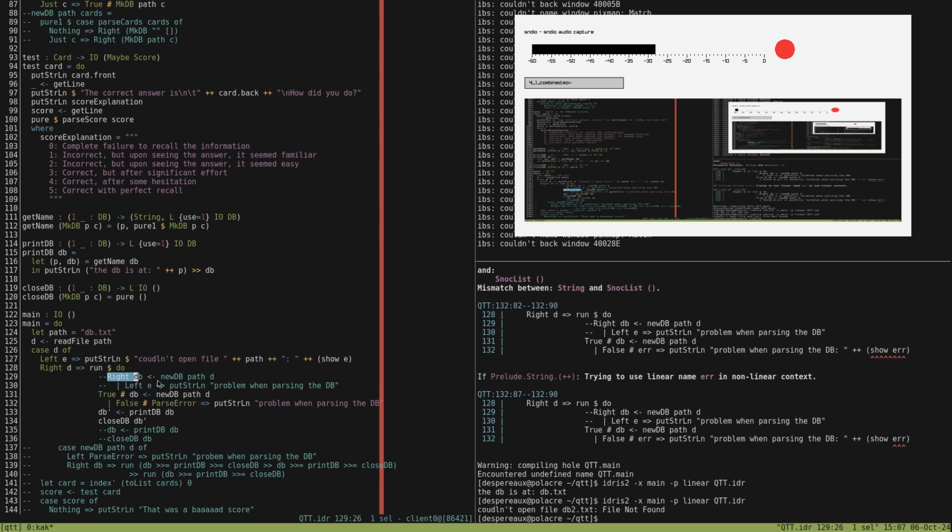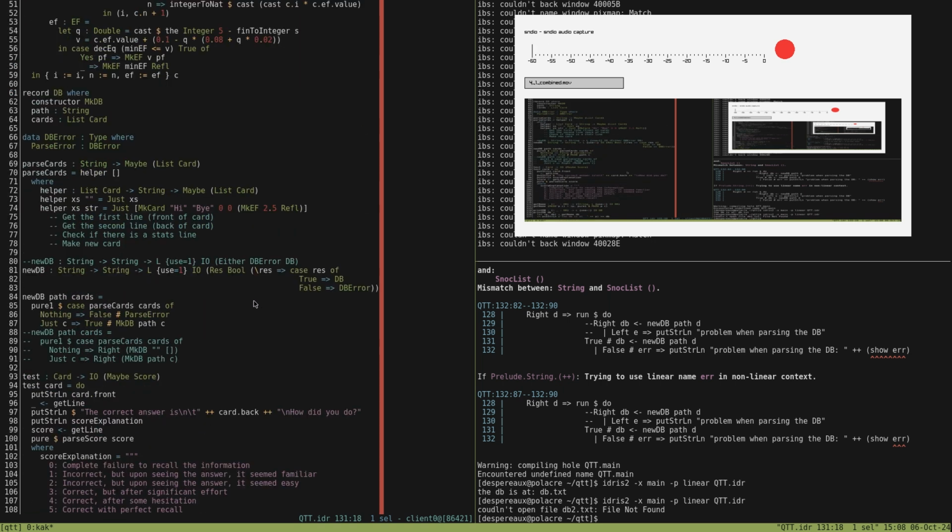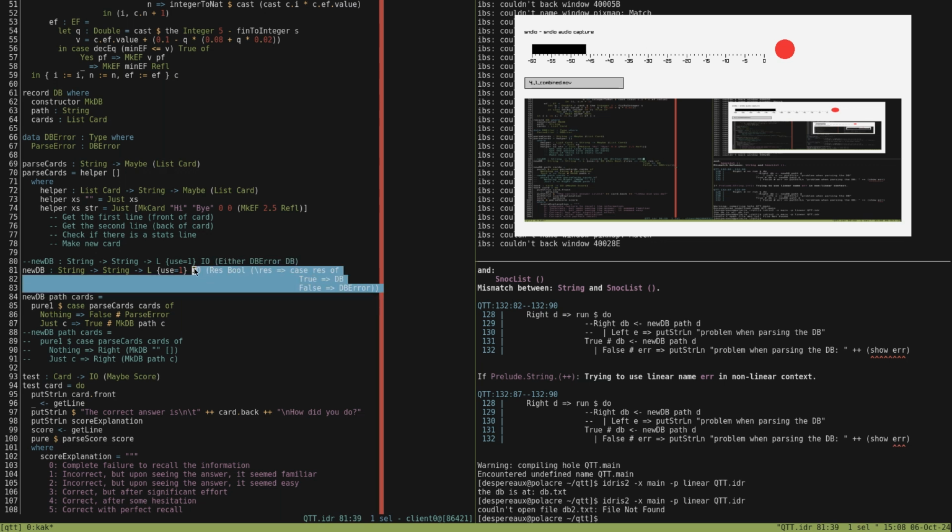Like these are separate, as in separate constructors. Left and right are separate constructors, whereas these are both the same constructor. I wonder if that matters. I don't think it should, but it might. Well, whatever the behavior is, it's very unintuitive and can potentially make your linear types nonlinear.